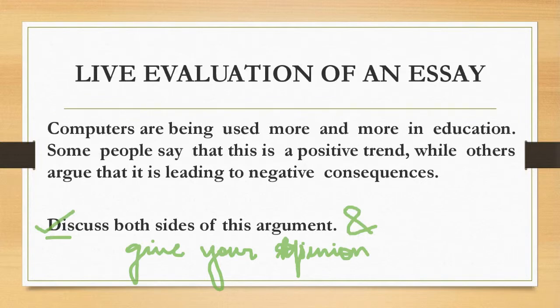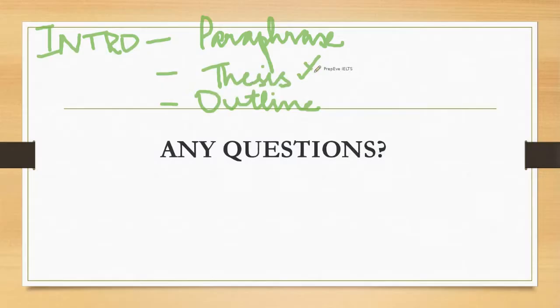Okay, so these are the 3 sentences. However, in this question, they're not asking for your opinion. So we will not be writing the thesis statement. The thesis statement is not needed in questions that do not ask you for your opinion. A thesis statement has to be written only in the questions that ask you for your opinion.